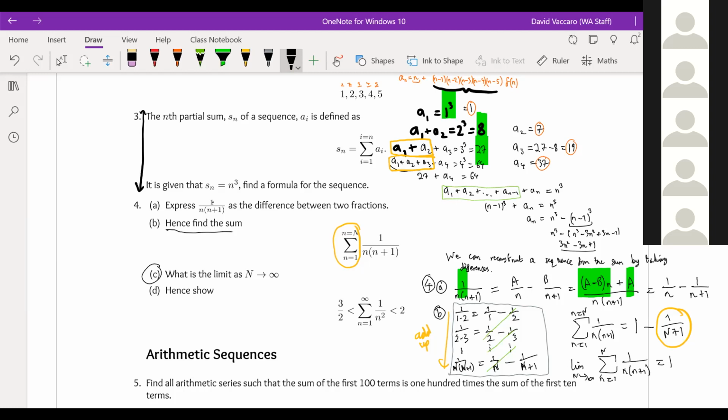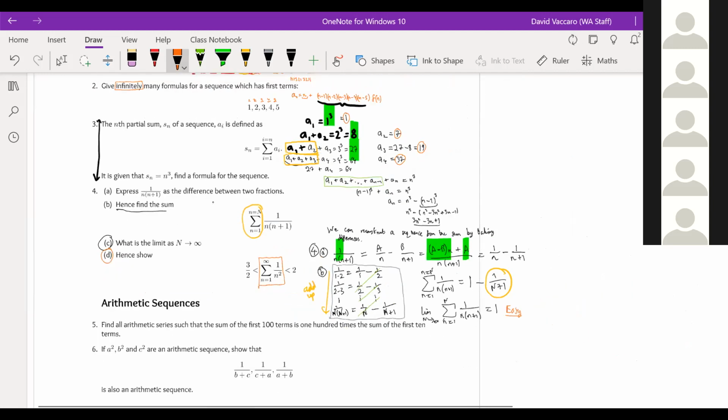Okay, so this infinite sum was relatively, well, I'm going to write easy in the sense that we know this infinite sum. Now, in part D, we're going to look at a much more complicated sum, the sum of 1 upon n squared.